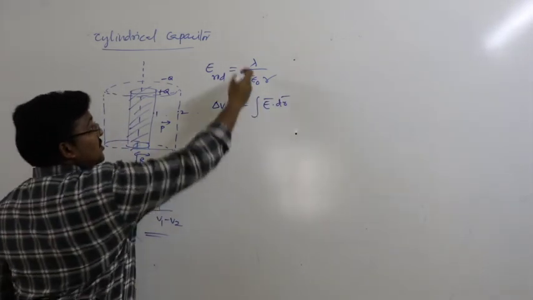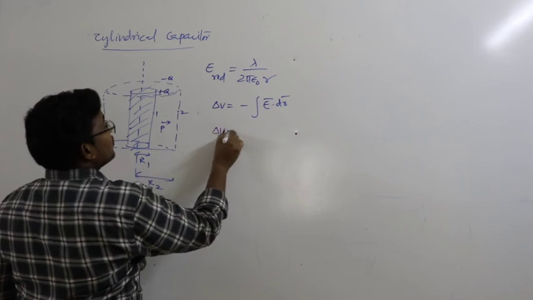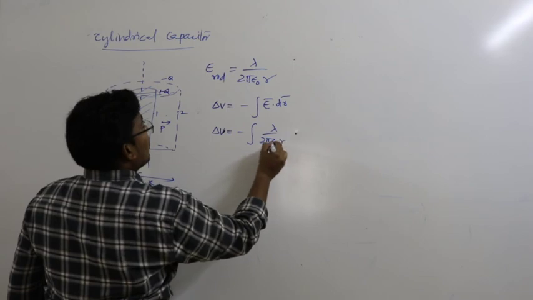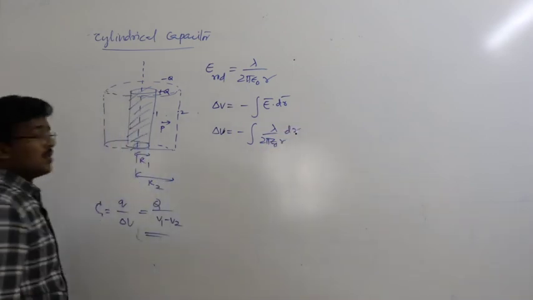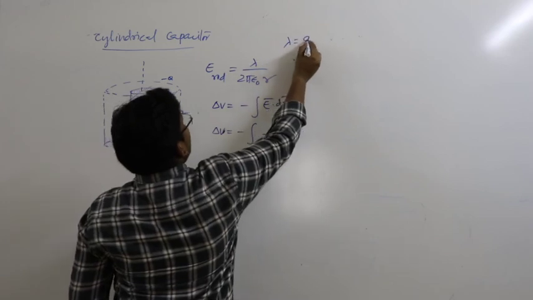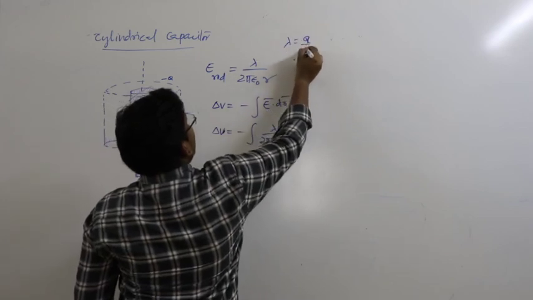So do this integration. Delta V is equal to minus integration of lambda by 2 pi epsilon naught R into dr. Sir, what is lambda? Charge density, lambda is equal to charge upon length.